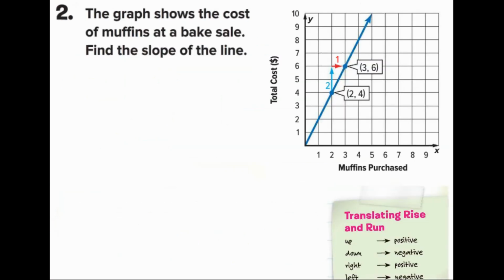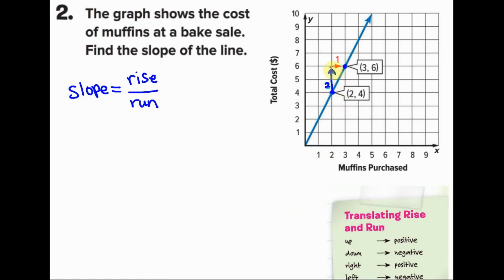For number 2, the graph shows the cost of muffins at a bake sale. Find the slope of the line. You can see I have a graph. When I have a graph, I'm still going to use the same thing. The slope is rise over run. By looking at the graph, from the first point that's given to me to the second point, my vertical change, in other words, I'm going from here to the second point by going up 2.